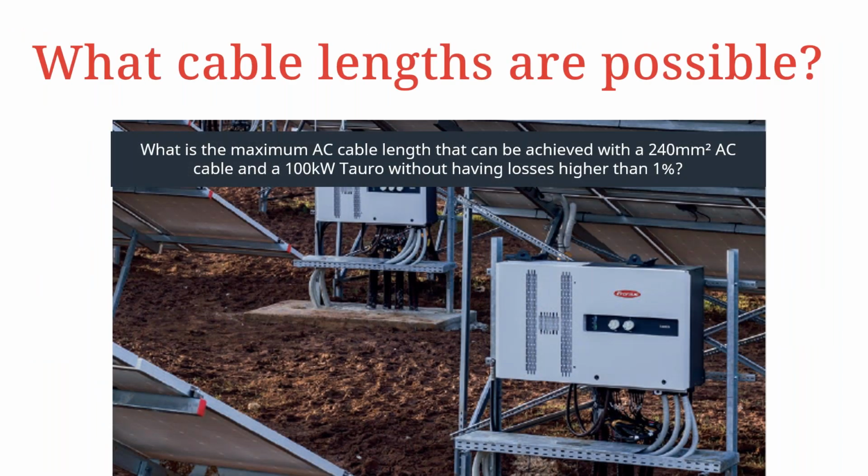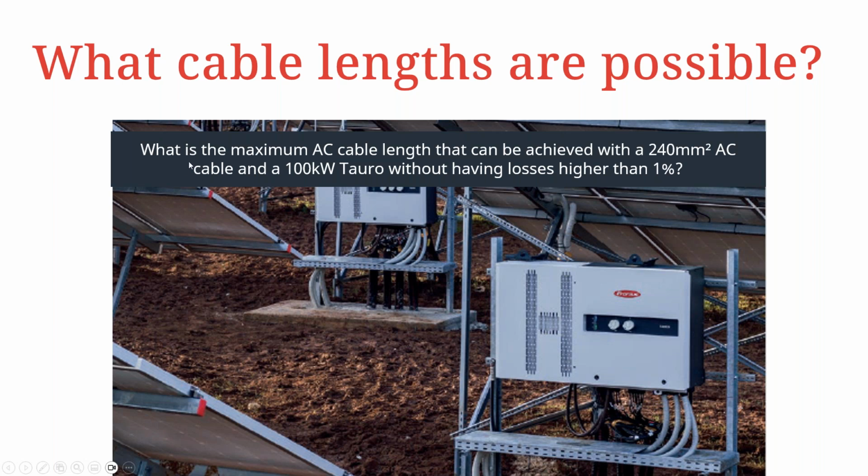So you would now want to ask, what cable lengths are possible to run for a particular cross-sectional area? You might want to ask it because it is also some sort of demand that power losses shouldn't be greater than 1%.